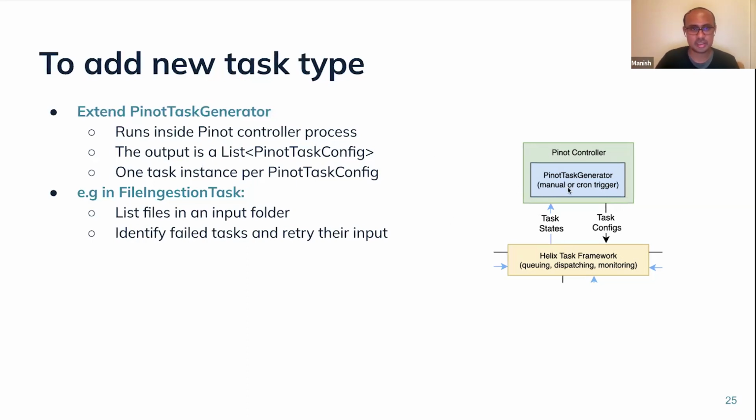The task generator exposes an API, and we have to implement that API. We get the context of the task, where you can pass in your input directory and how to access it, so the controller or task generator has enough information to know what's in the input.